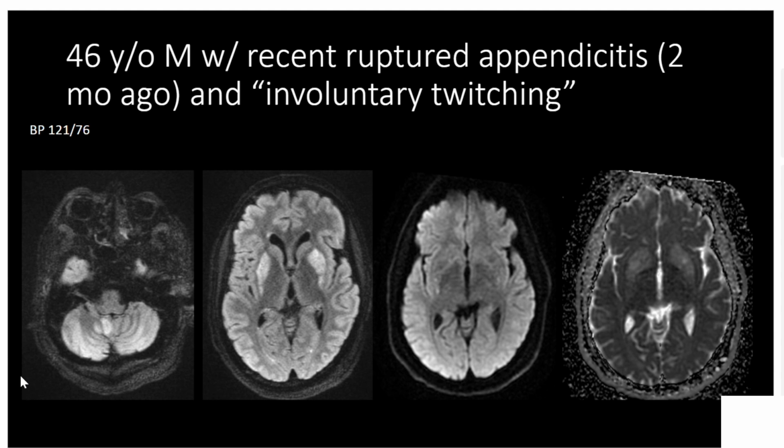Okay, 46-year-old, recent ruptured appendicitis, involuntary twitching. Oh yeah, so these are fat suppressed T2 FLAIR images, and this is the only diffusion image I gave you.